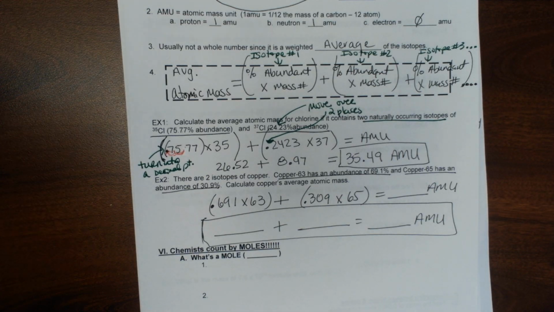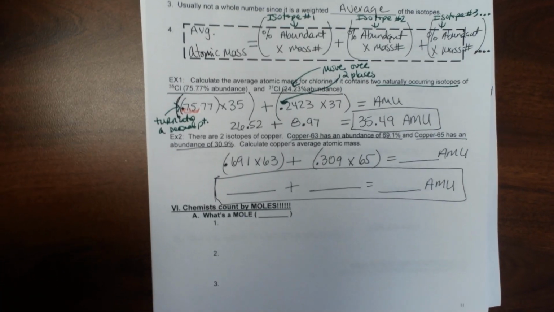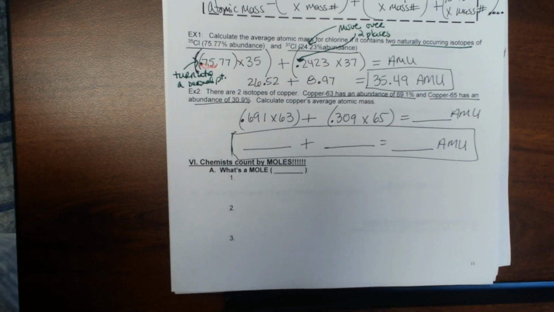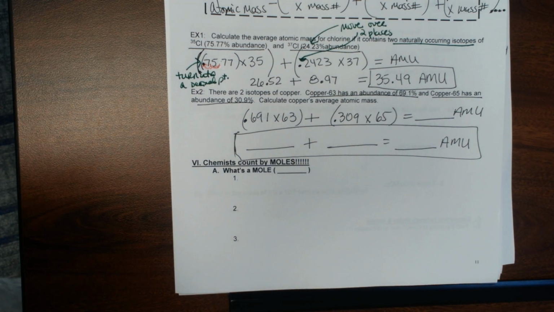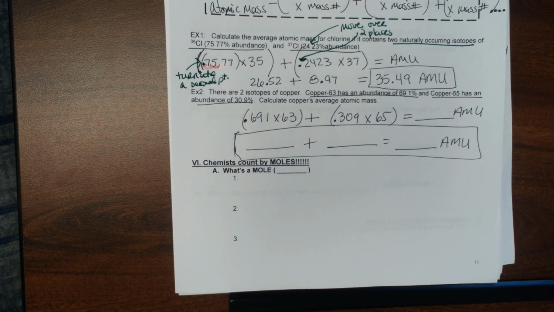And then we get to this next portion over here, which is going to be that next part of that homework page that we're going to do. It says here that chemists count by moles. So kind of like, you know, when you were younger, you learned 1, 2, 3, 4, 5. And then when you got a little bit older, you learned how to count by 2s, 3s, 5s, 10s, right?